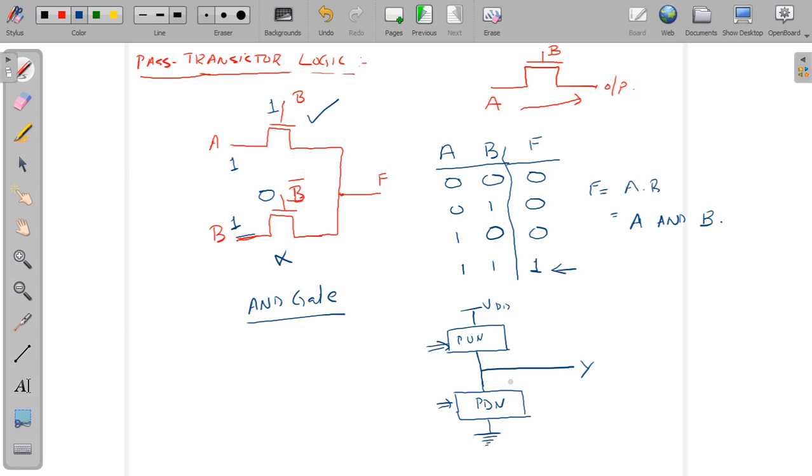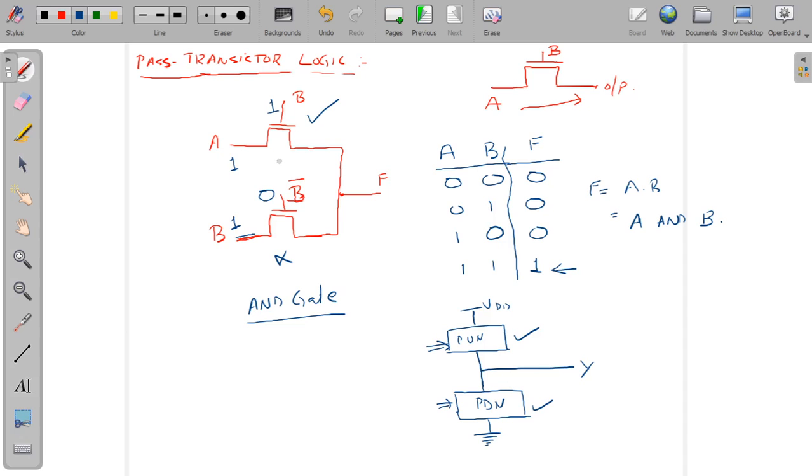And if you can remember how many transistors were being used for constructing one AND 2 gate, 2 transistors would be required for the pull down network, and 2 MOSFETs would be required for the pull up network. So a total of 4 MOSFETs would be required for constructing one AND 2 gate using CMOS design style.